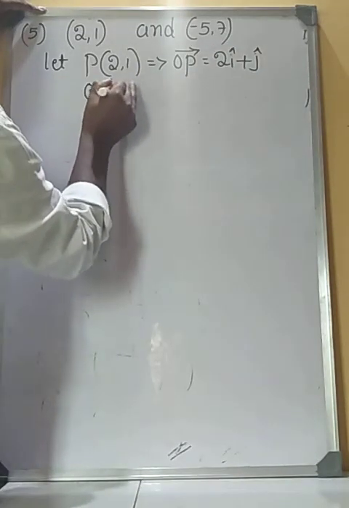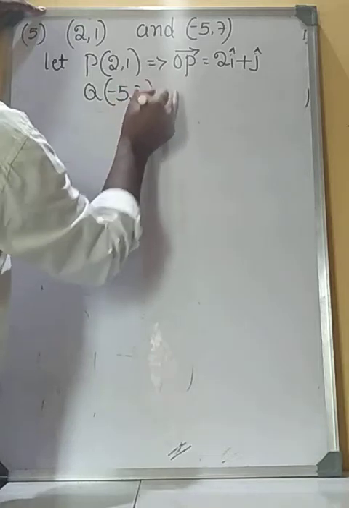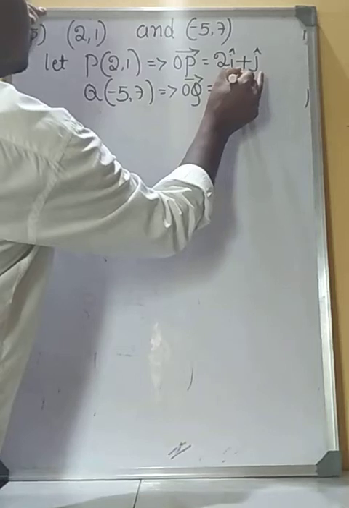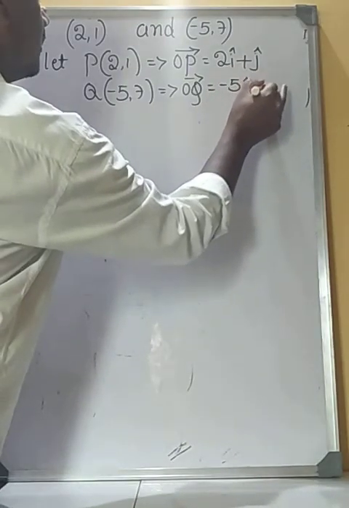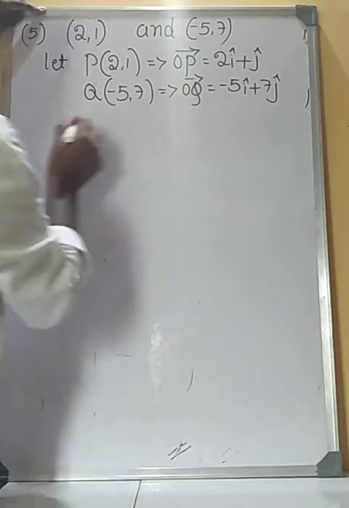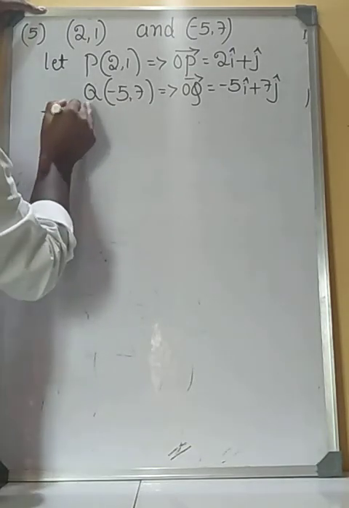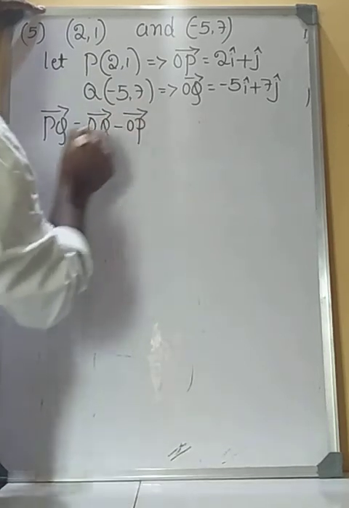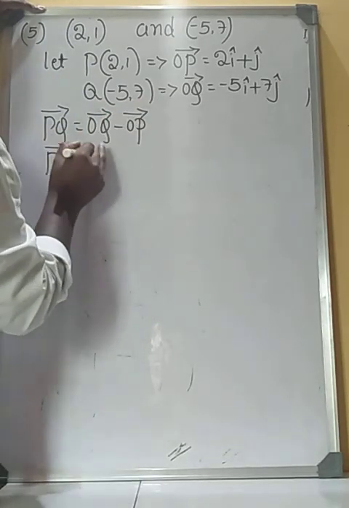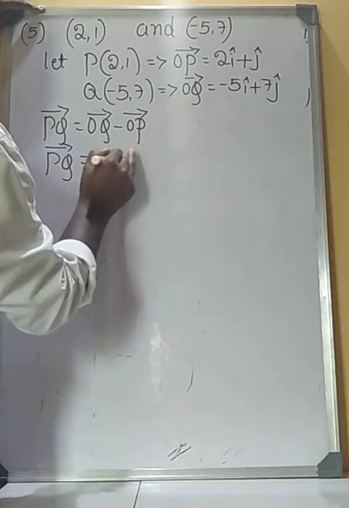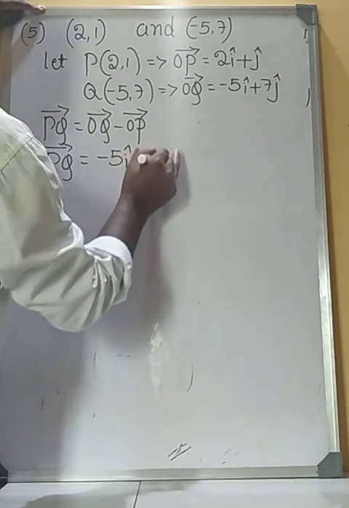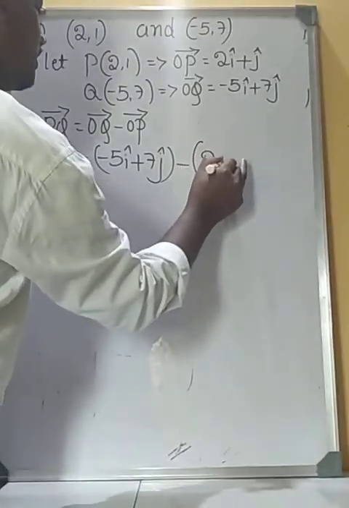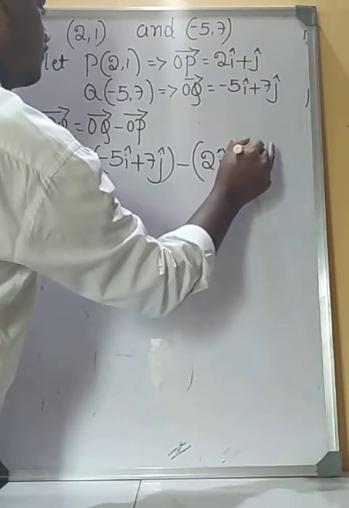Point Q is (-5, 7), which implies OQ vector is equal to -5i plus 7j. Therefore PQ vector is equal to OQ minus OP, which is (-5i plus 7j) minus (2i plus j).